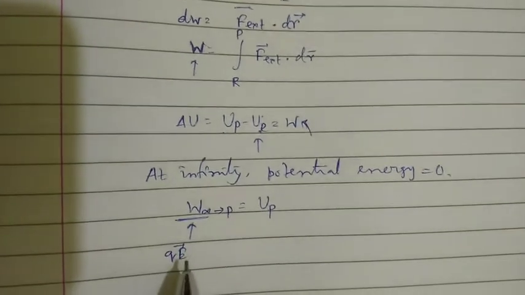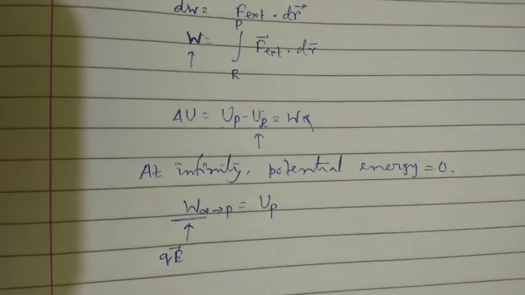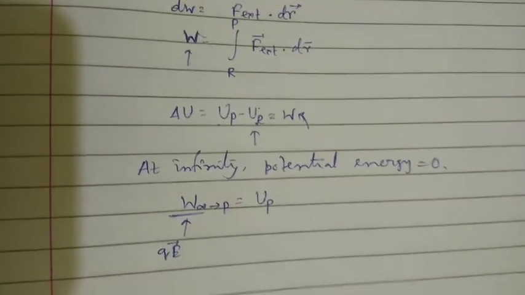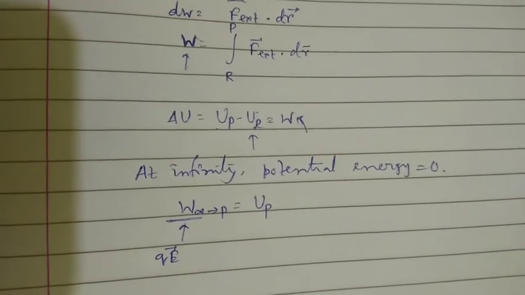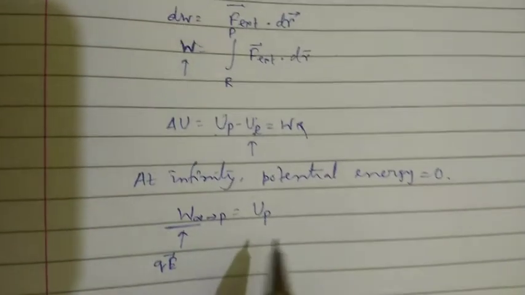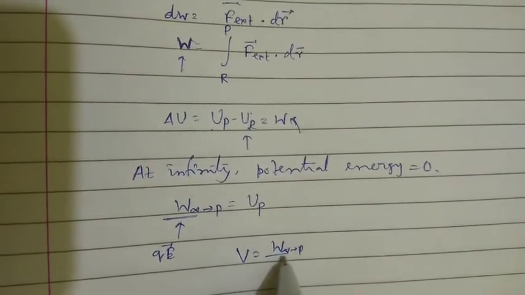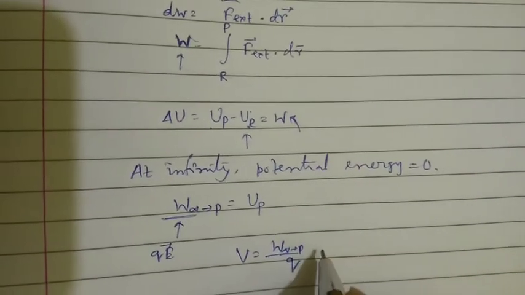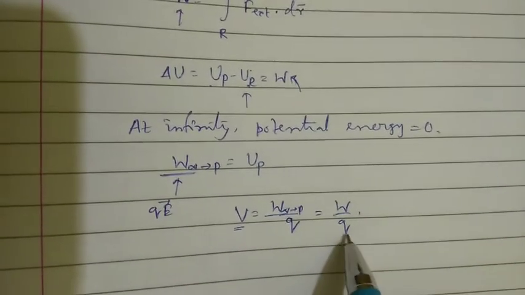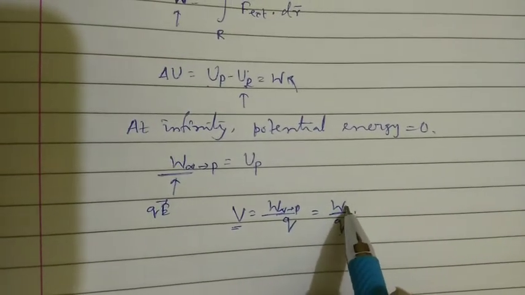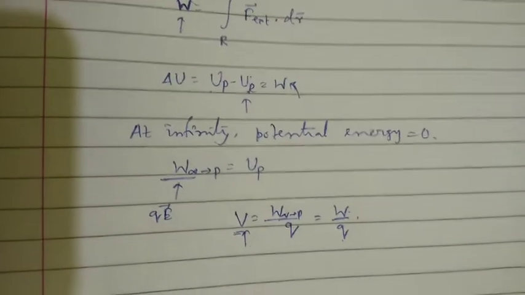If you take a unit positive charge, in that case the work done gives a characteristic of that electric field, and that is called electric potential or electrostatic potential, and we denote it as V. So you can write V equals W from infinity to P divided by the charge, or simply W by q. Now this V is independent of q, since it was proportional to q and we divided it by q. So it gives a characteristic of that electric field.